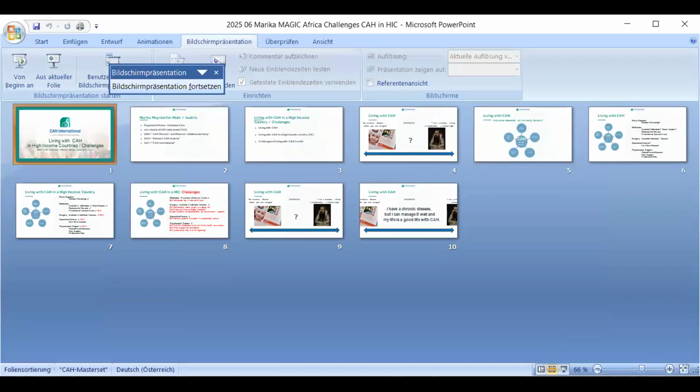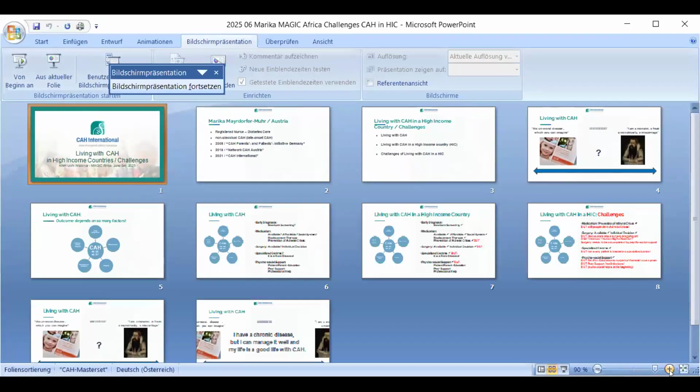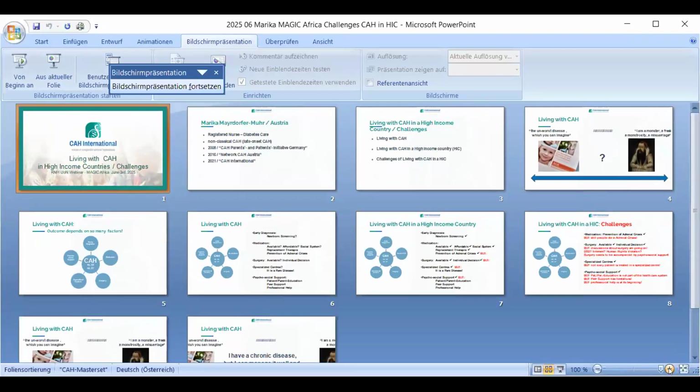Just click on where you just clicked before. Select this one, slide number 2. You see it now? On my screen I can move on, but I can't move on your screen, obviously.